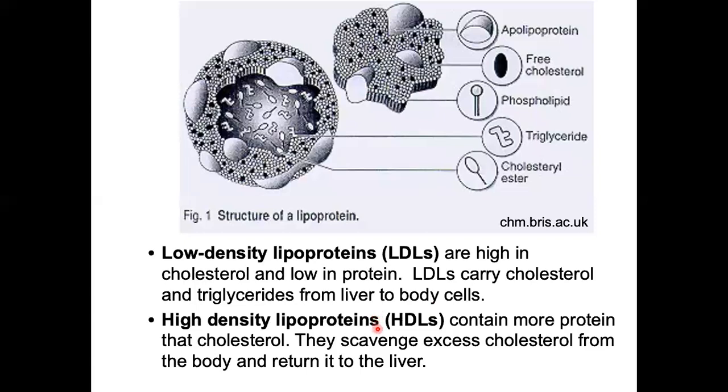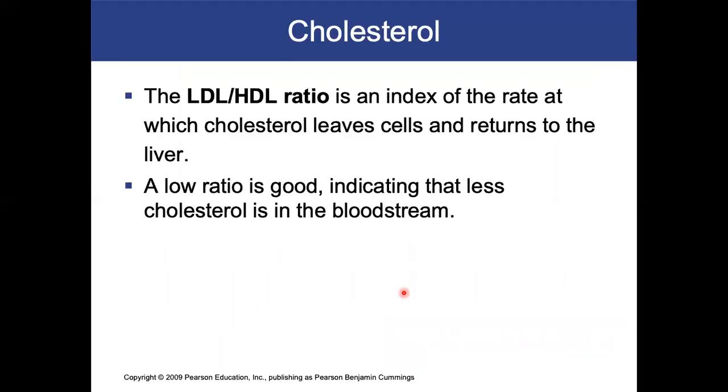You want more high density lipoproteins compared to low density lipoproteins because they are going to scavenge cholesterol from the body and return it to the liver. You can't obviously tell how many you have in the blood supply, so what they do is give you a ratio. The LDL to HDL ratio is an index of the rate at which cholesterol leaves the cells and returns to the liver.